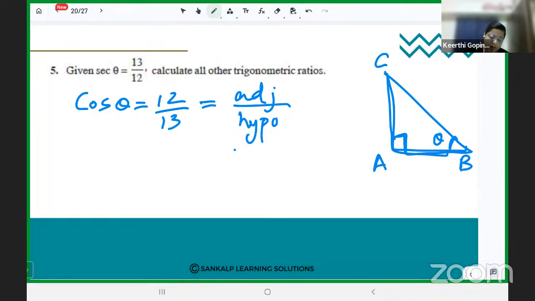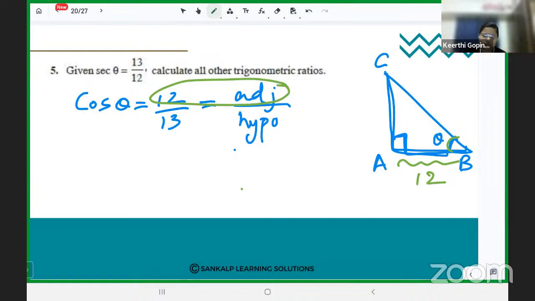So here if you consider angle theta, what is the adjacent side with respect to theta? AB is the adjacent side, isn't it? So what is the value here? From the question we have got that the adjacent side is 12.